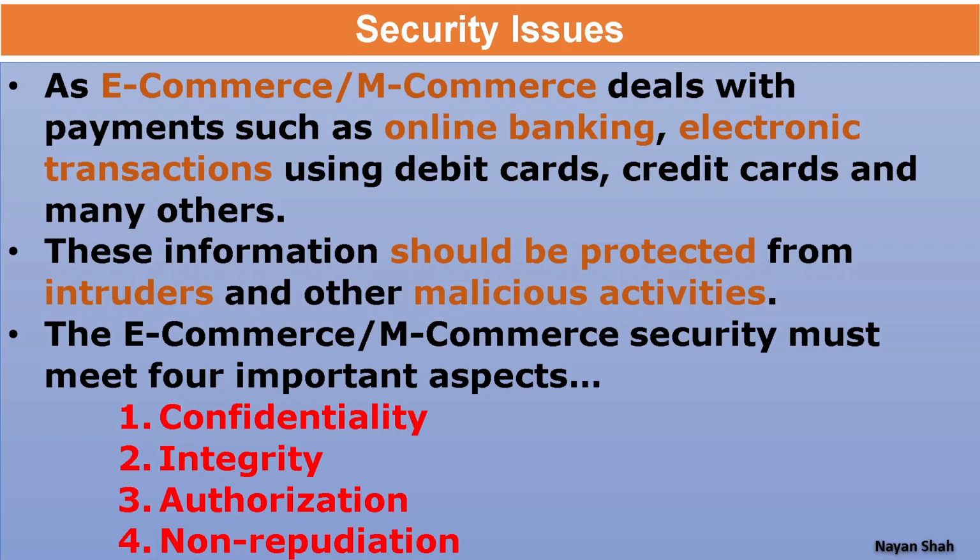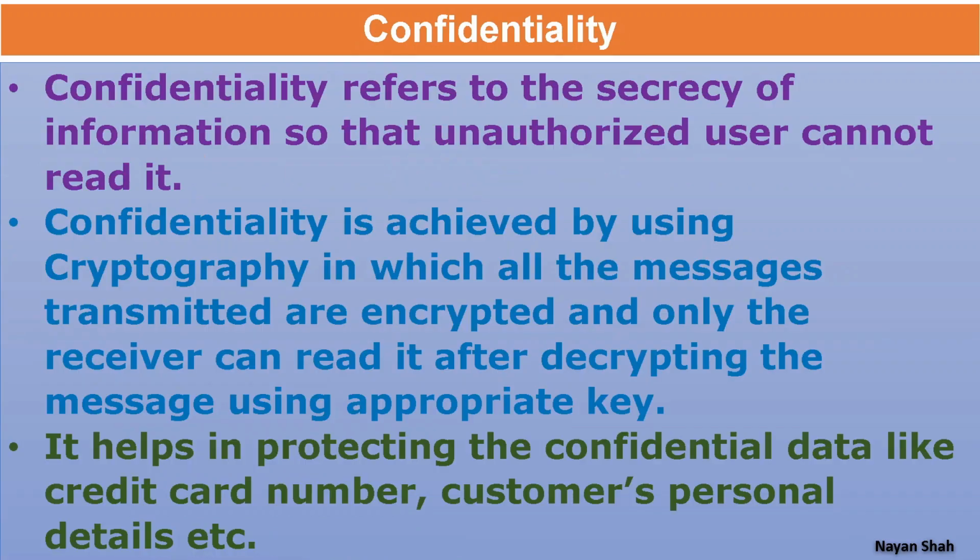Even in a college, if there is a network of computers where there is no internet, just a network of computers, there also these 4 points are very important. Consider a bank where there are many employees doing banking activity, and there also these 4 points are very important to be observed. Now, what is confidentiality?